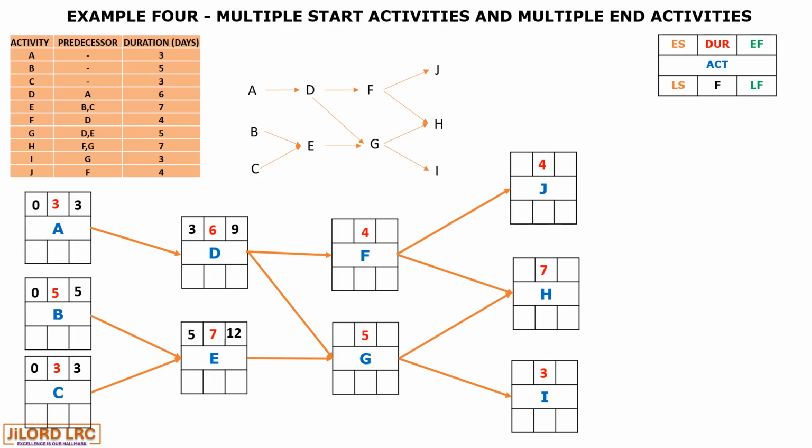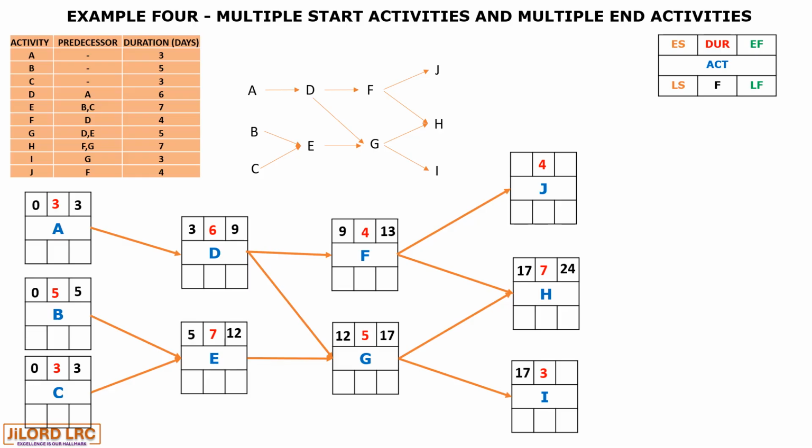For activity F, we have 9 going as its early start and 13 as its early finish. For activity G, we'll pick the highest, which is 12, going as its early start and 17 being its early finish.